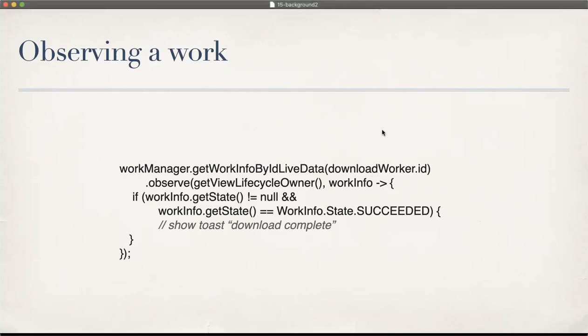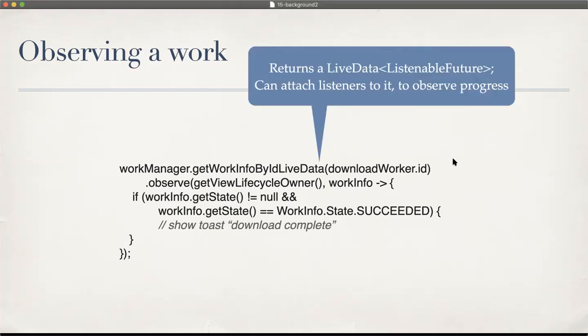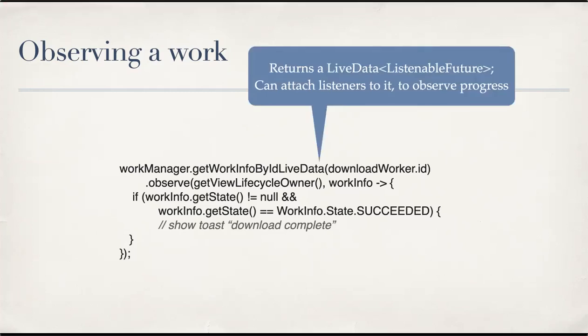Here it's ID, there it will be the tag string. And these variants of the methods return a live data of a listenable future. Listenable future is a Google class which lets you basically observe such components. You can add listeners to them, and then you can observe progress on them. Okay, so that's the main idea here.